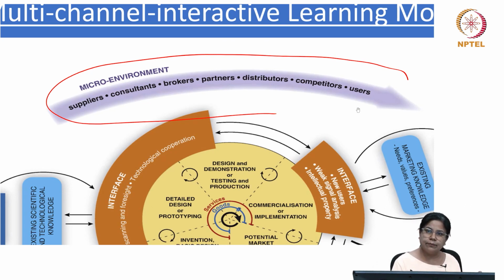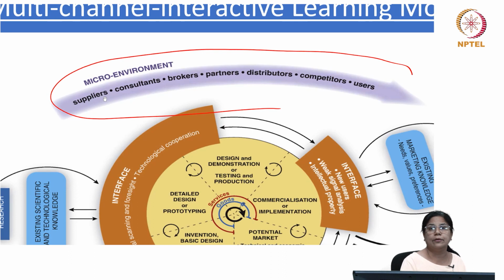The microenvironment is the environment with which the firm interacts immediately, right? It could be their suppliers, the suppliers of raw material or other intermediate components. It could be consultants, brokers, partners, distributors, competitors, and users. So clearly this entails a microenvironment.